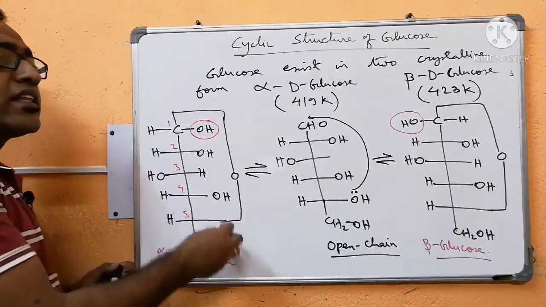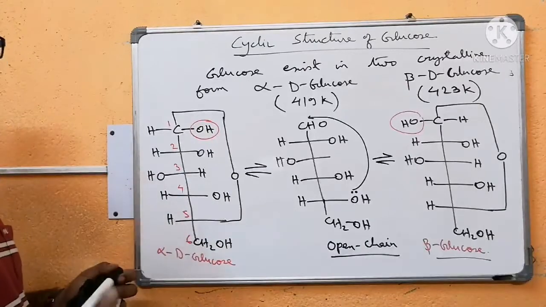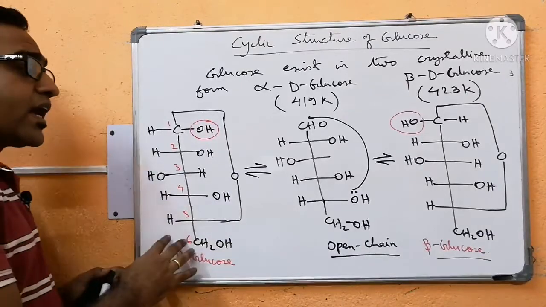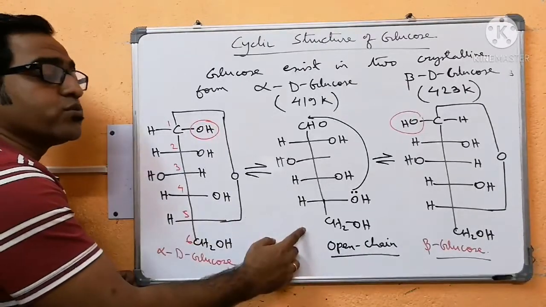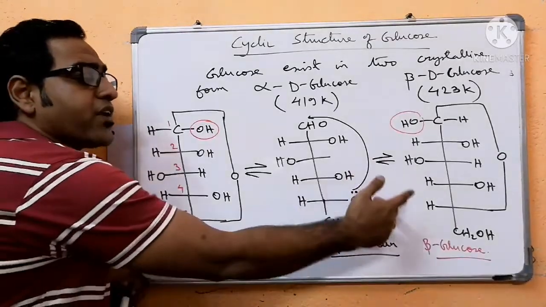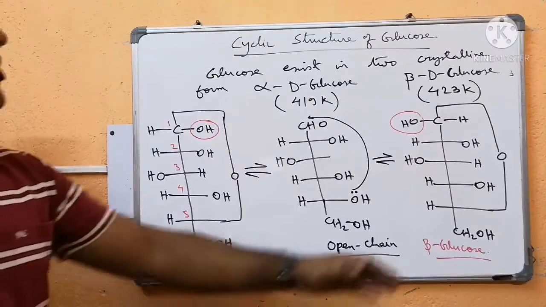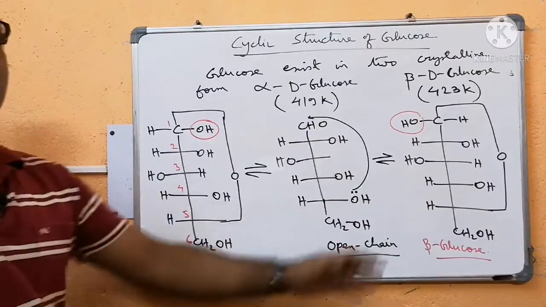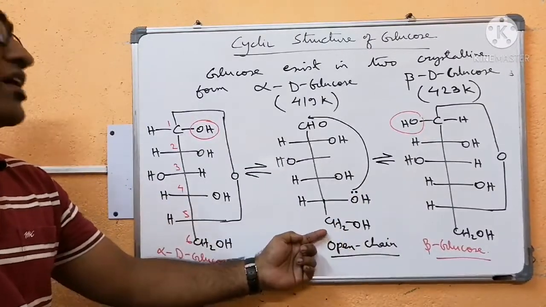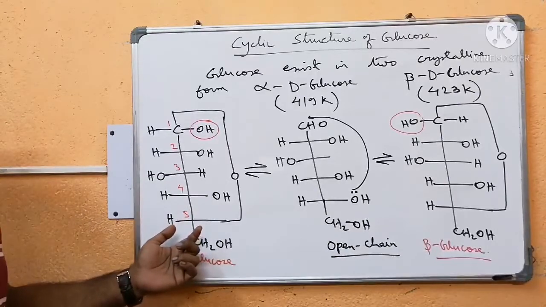The moment you add them in water, the alpha glucose is converted into the open chain, which then finally converts into beta glucose. Or even if you take beta glucose, it will convert into the open chain and then into alpha glucose.